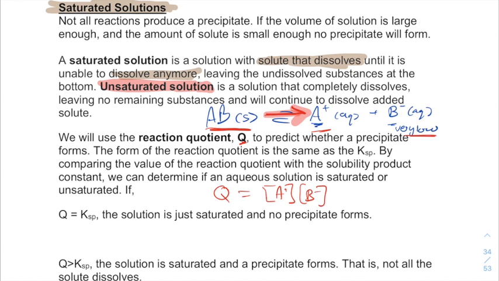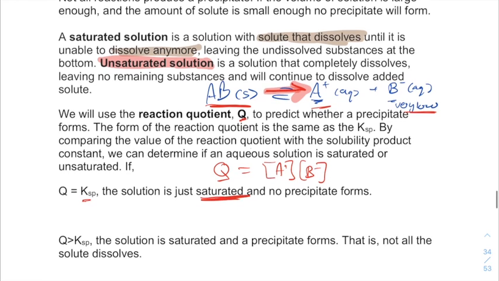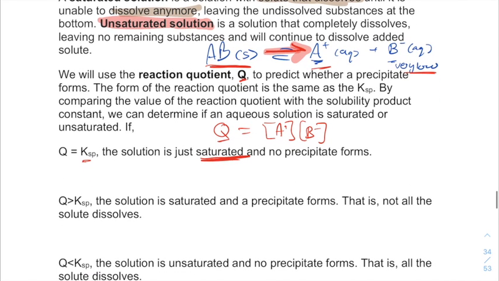And if this value for Q is exactly the same as KSP, then the solution is saturated. And there's no precipitate forming, or no more precipitate forming, no less precipitate forming. There's probably solid at the bottom, but that amount of solid is not changing based on the saturation.